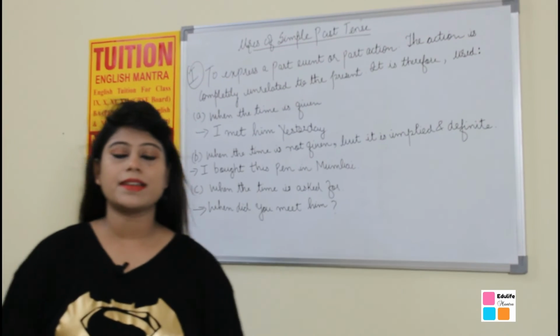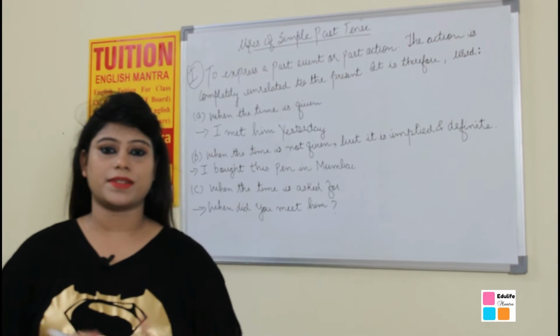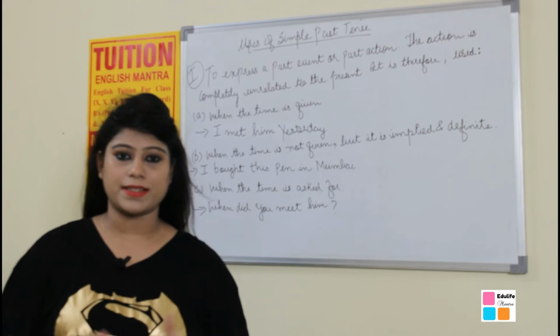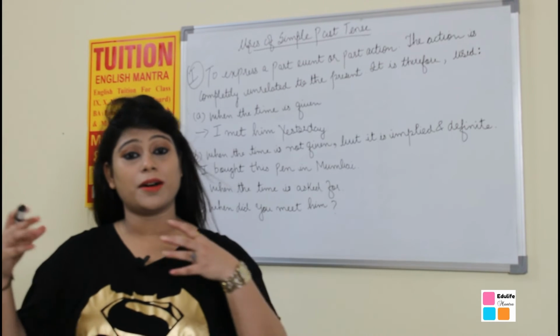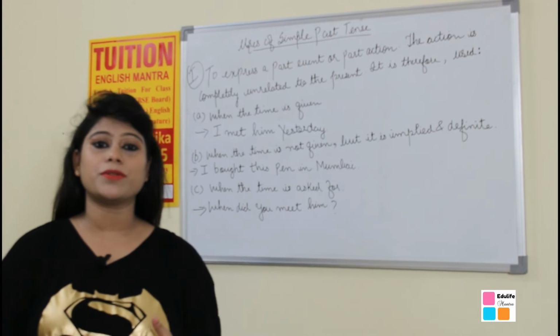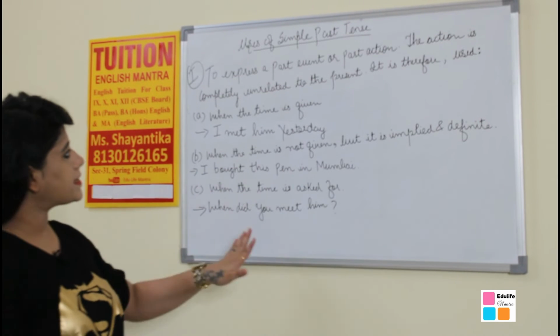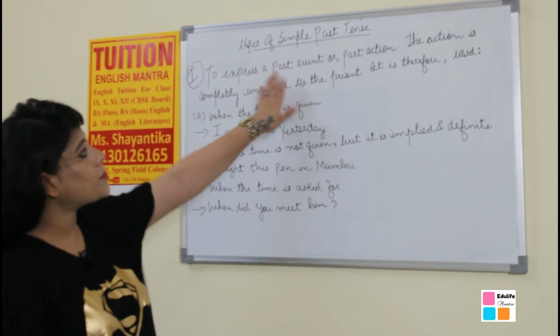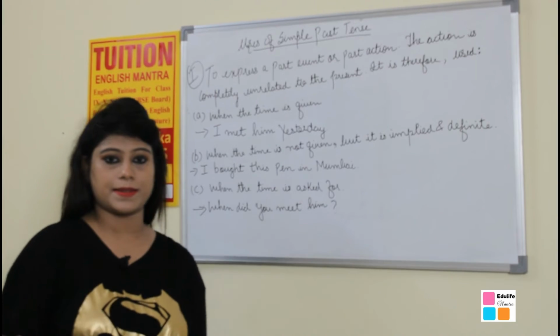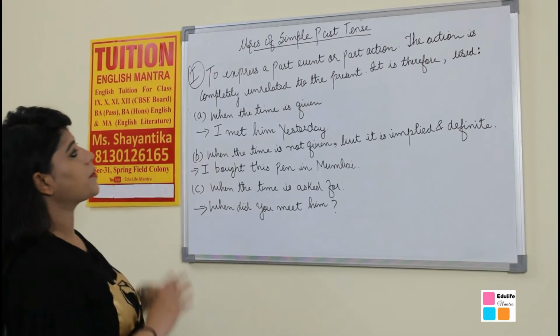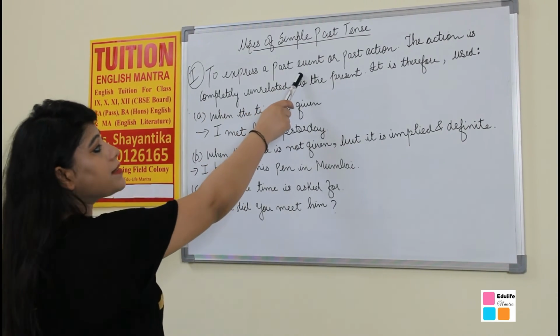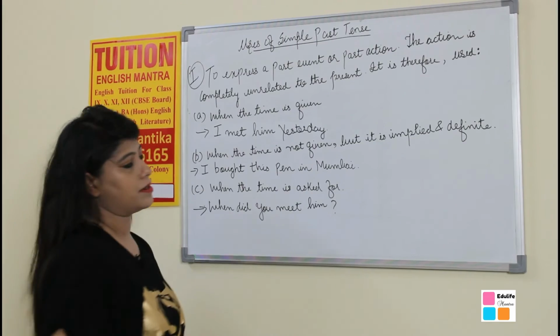So students, sometimes we get confused about when to use simple present tense, when to use simple past tense, when to use past perfect or present perfect and so on. So let's look at some of the rules and uses of simple past tense. First, to express a past event or past action.